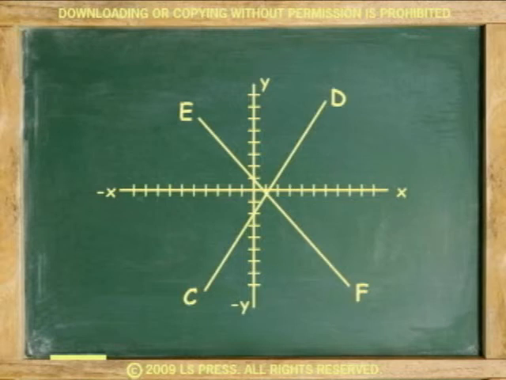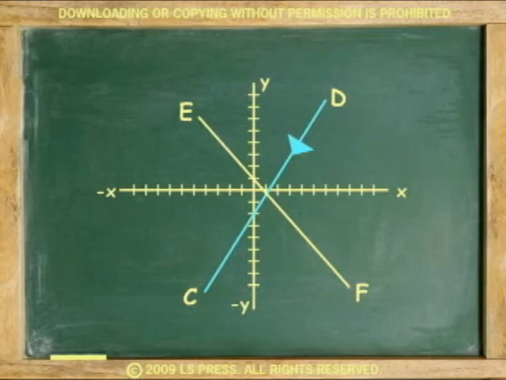There is another way to determine if the slope is positive or negative. By moving from point C to point D, up and to the right, the x and y changes are positive, positive, which means that the slope is positive. Moving backwards from point D to point C, the x and y changes are negative, negative.